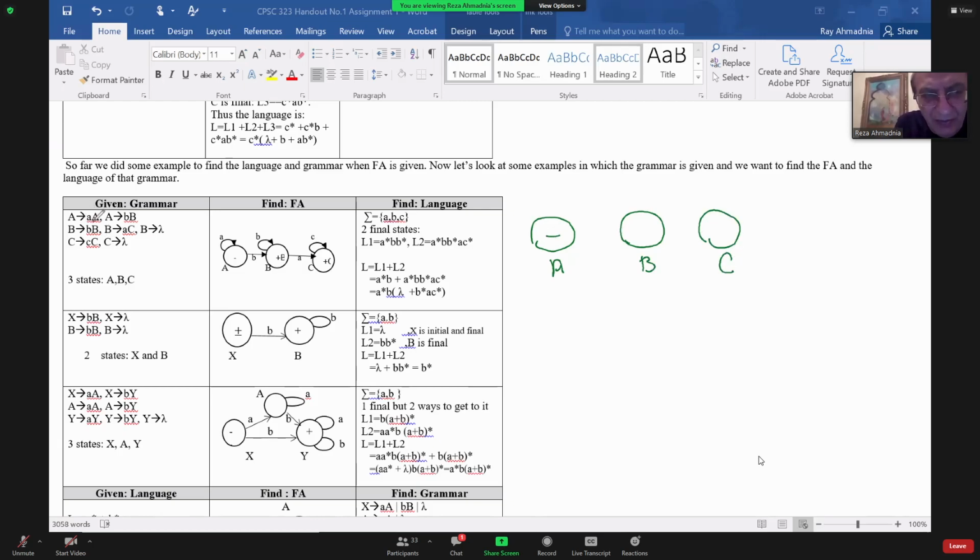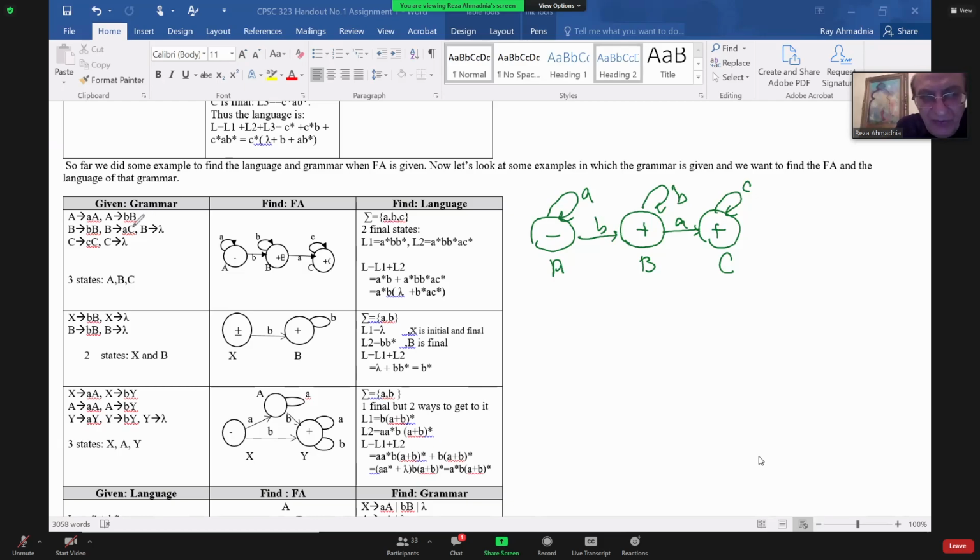From A, if input is A, back to A. From A, if input is B, go to B. When you get to B, if you have a B, back to B. At B, if you get A, go to C. And then at B, you can stop. And then at C, if there is a C, back to C. Or at C, stop here.